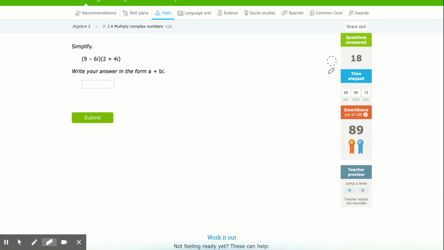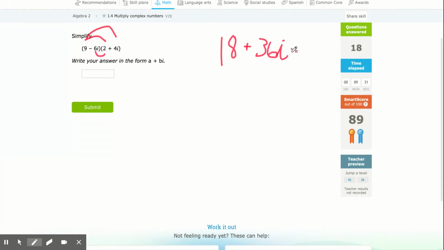Okay, very quickly, we're almost done. Again, I'm going to multiply the 9 times the 2, that's 18. I'm going to multiply the 9 times the 4i, that's 36i. I'm going to multiply the negative 6i times the 2, that's minus 12i.